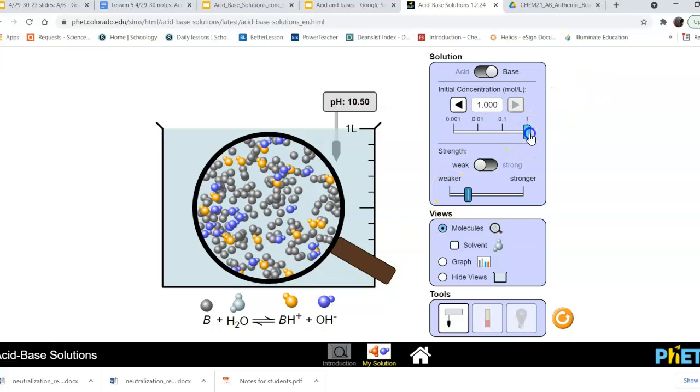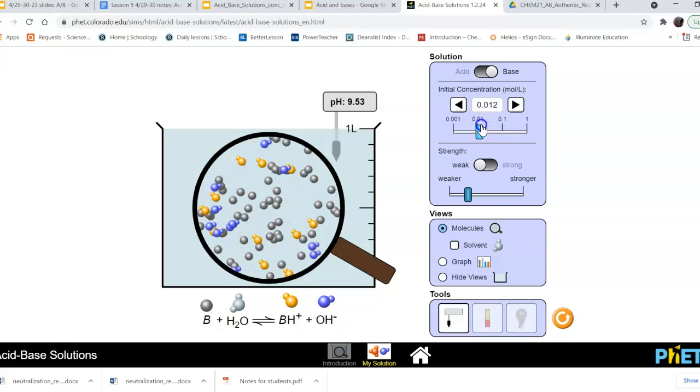And decreasing the concentration of H. So as you decrease the concentration, you're actually lowering the pH. Okay, so for bases, the pH is proportional to the concentration of OH. So think about that.